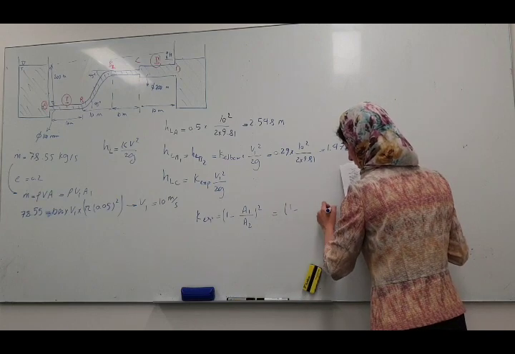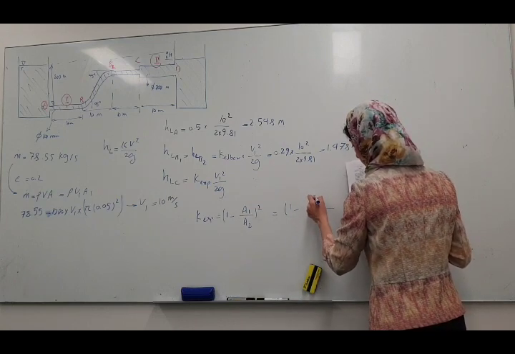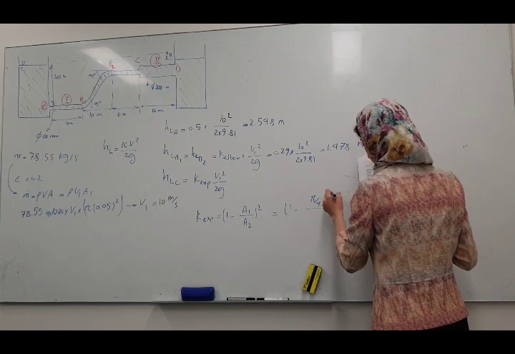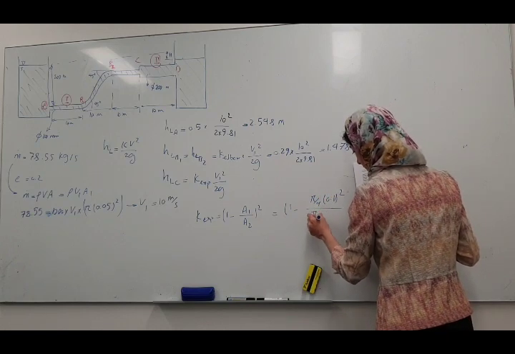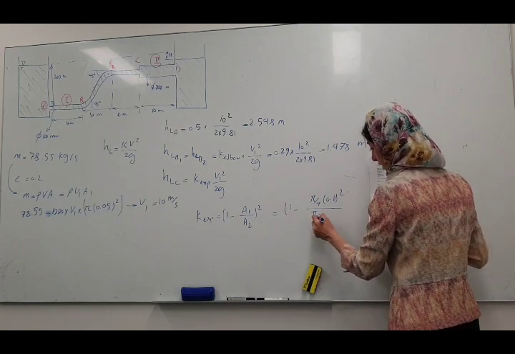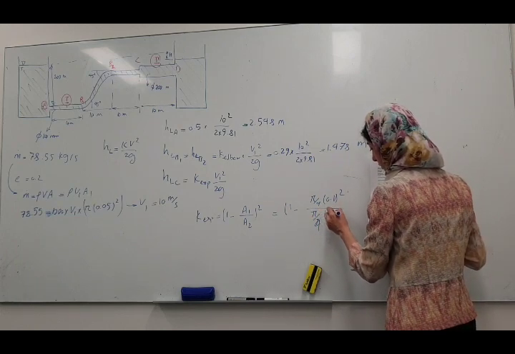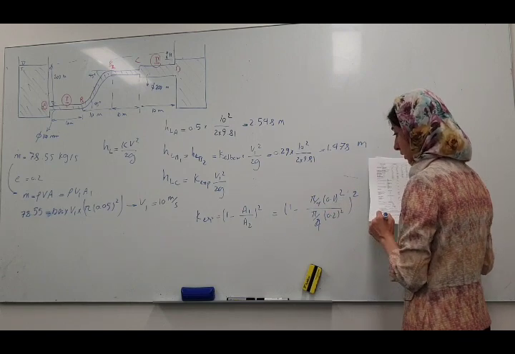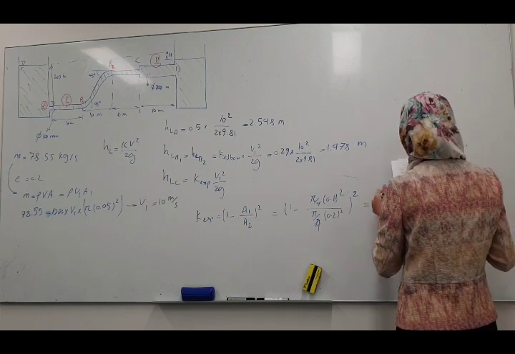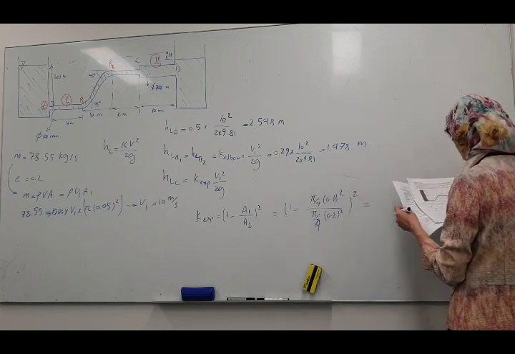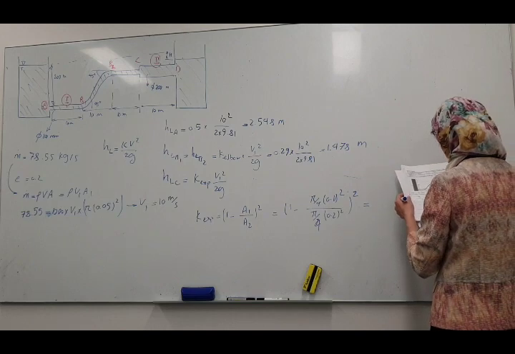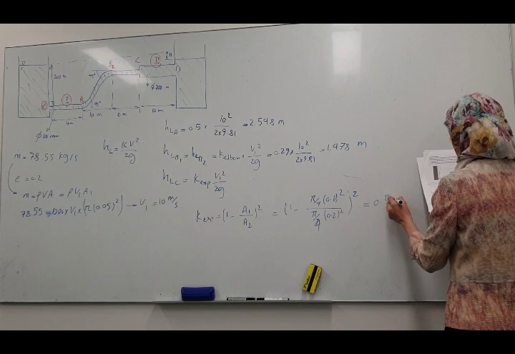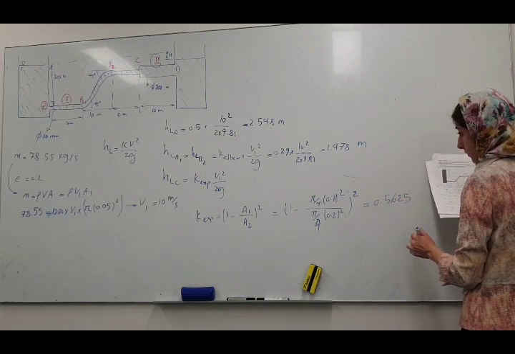So the area of the first pipe is pi divided by 4 times 0.1 squared, divided by the area of the second one, which is pi divided by 4 times 0.2 squared, and the total should be squared. If we replace these values, it gives us a K factor of about 0.5625.